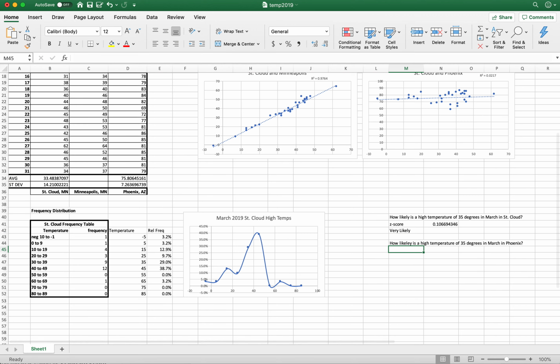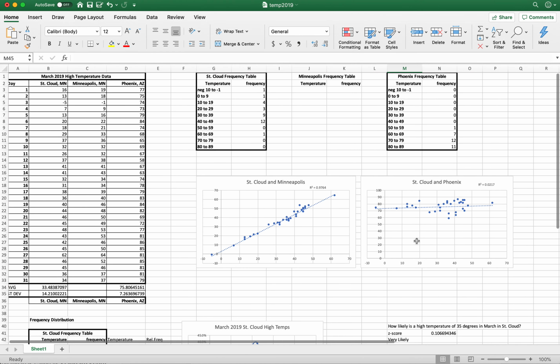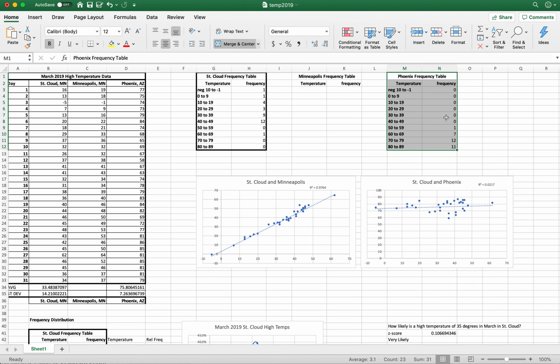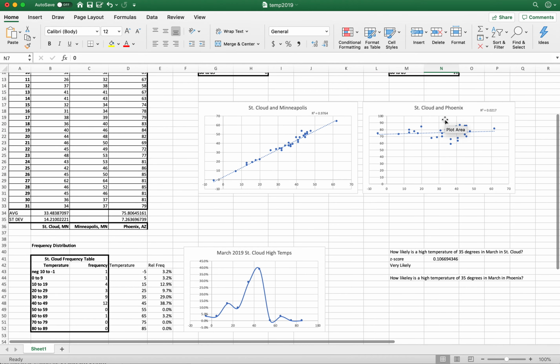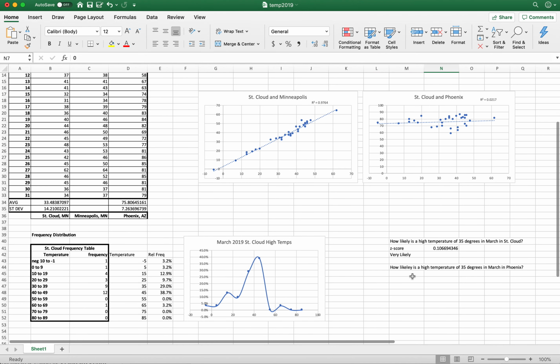Now let's do the same thing for Phoenix. Right away, looking at the frequency table for Phoenix up here, you can see that there were no days in 2019 that had a high temperature of 35 degrees. So just by that, we're going to say that it's pretty unlikely. But again, we'll use a z-score to give us a better idea.